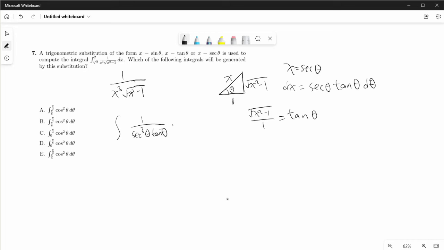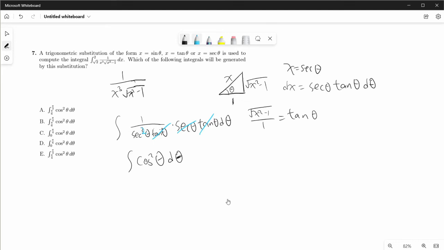And then that times the dx part, which is secant theta tangent theta, d theta. Right, then one tangent theta cancels out, and one secant theta cancels out. Then we have 1 over secant squared, which we can flip. The inverse of that is cosine, so it'd just be cosine squared theta, d theta.